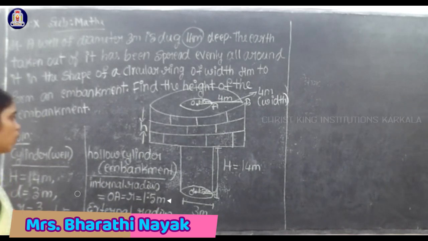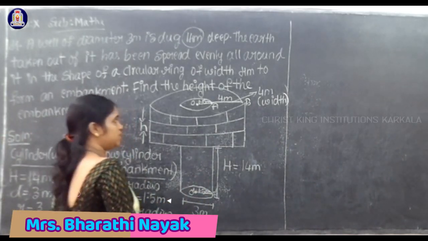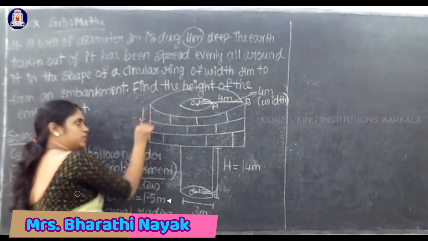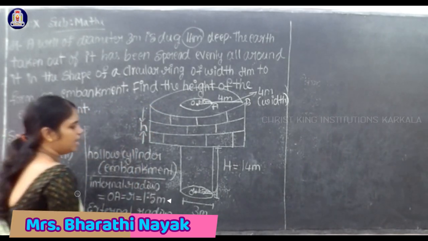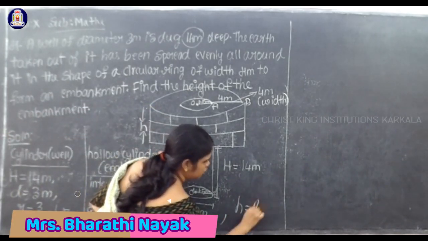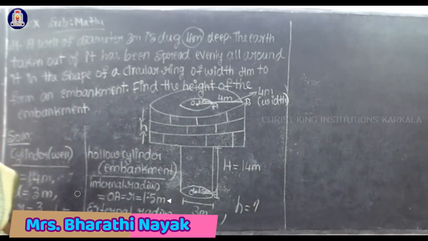So now what do you have to find? Your question is to calculate the height of this embankment. That means h is equal to question mark, the height of the embankment.